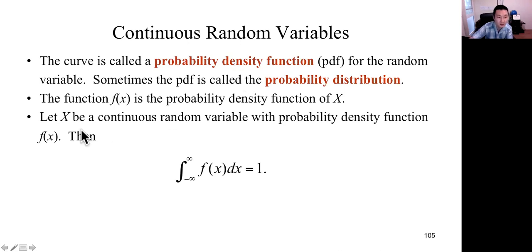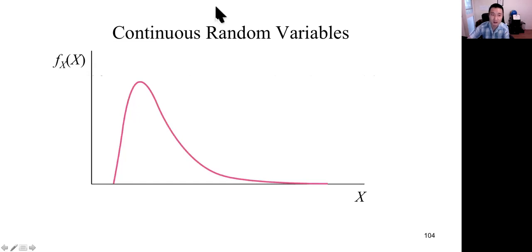If x is a continuous random variable with density function f(x), then if we do the integration over all the possible values of f(x), it will be equal to 100%, equal to 1. Which means, again, the total area under the probability density curve is equal to 1.